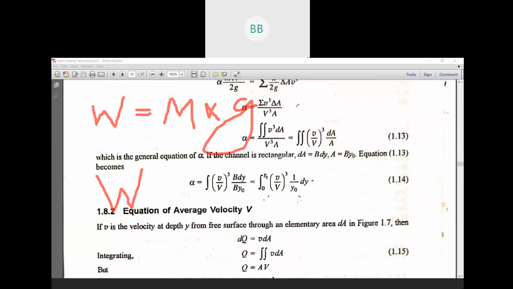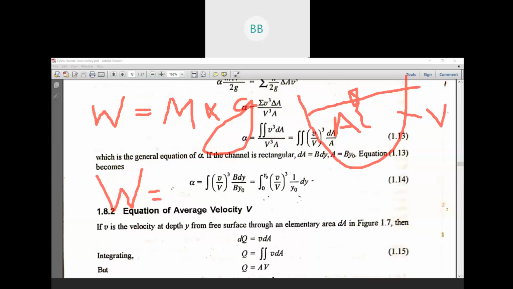Suppose you consider a cross section, if that cross section area is capital A and velocity in that particular cross section is v, what will be your weight? Weight is nothing but specific weight, that is rho into g, multiplied by the whole cross sectional area, then multiplied by your velocity.